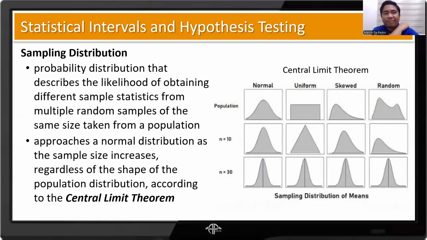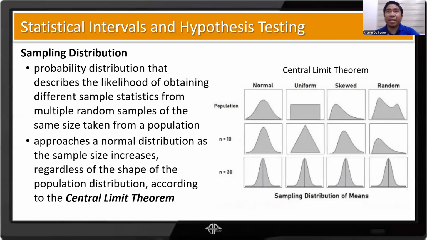So that is according to the central limit theorem or the CLT. That is regardless of the shape of the population distribution.